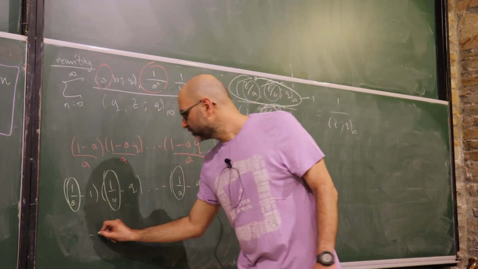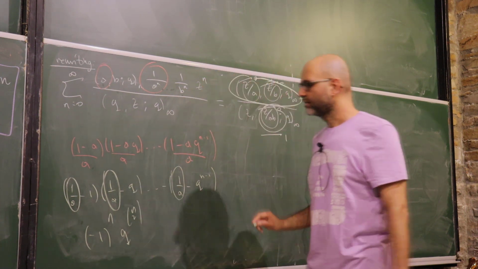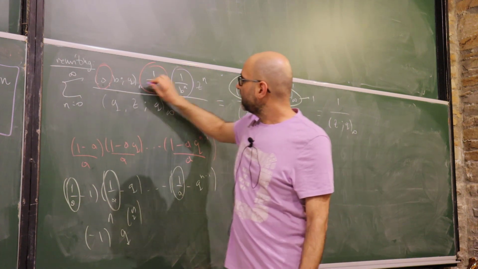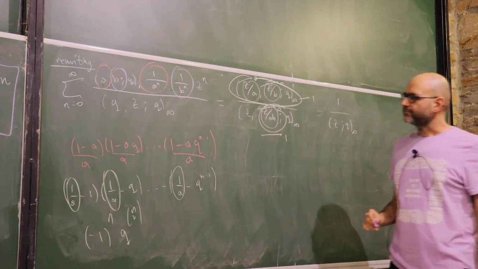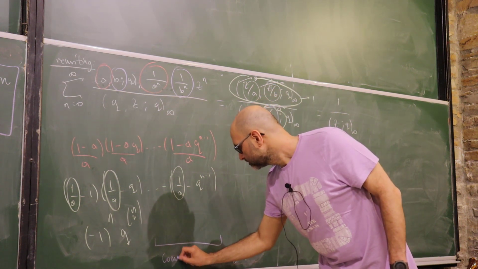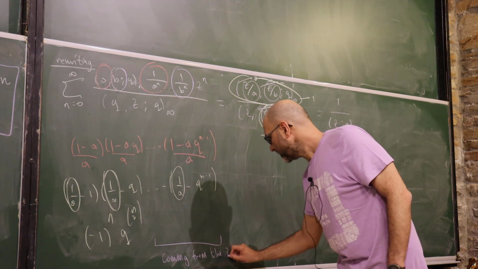So we have minus 1 to n, q to n choose 2. That's one contribution. Something similar happens for the second parenthesis, coming from the second batch.